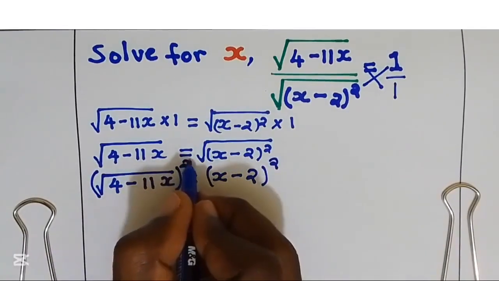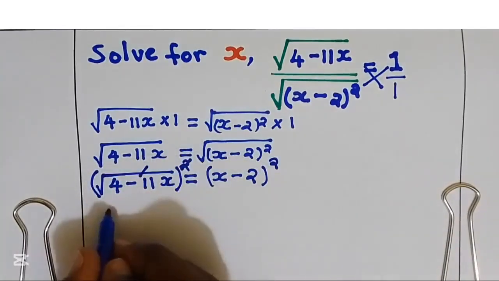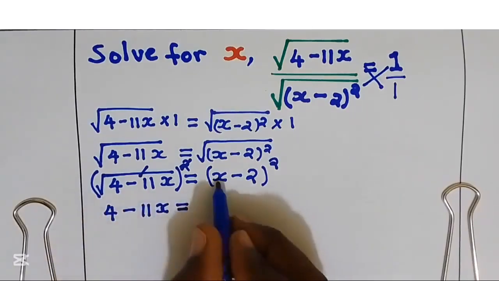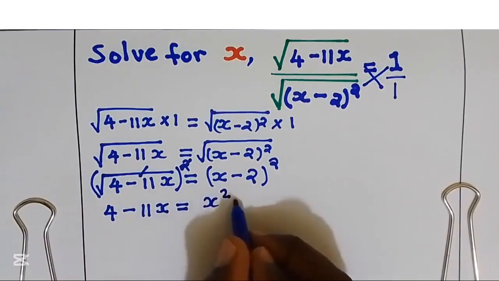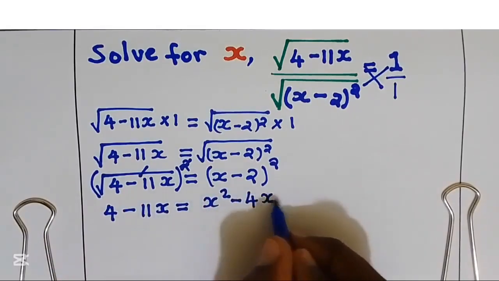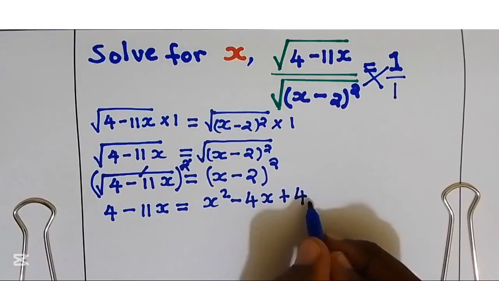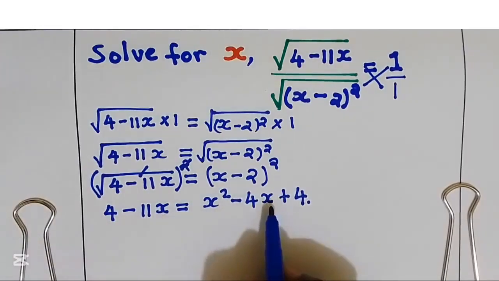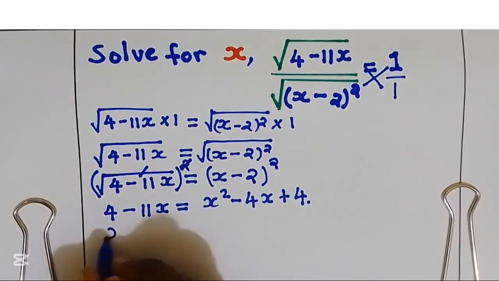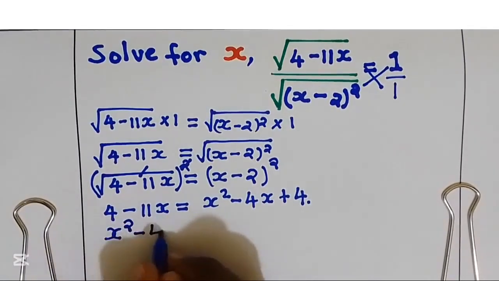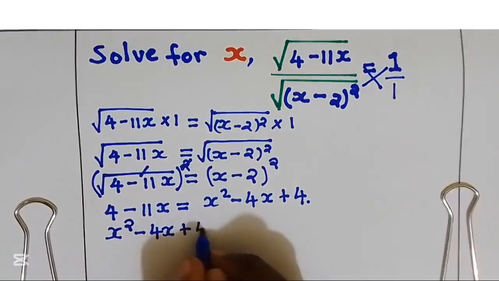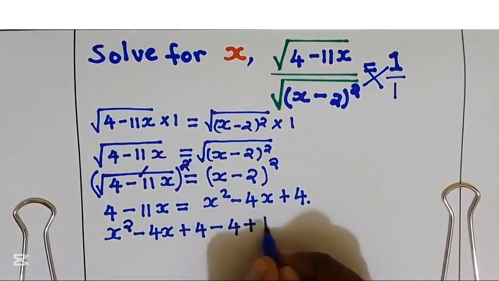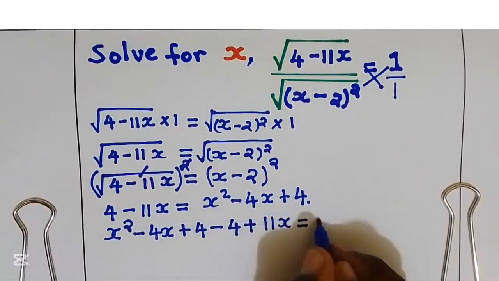I can simplify the square root sign. I remain with 4 minus 11x, which is equal to x squared minus 4x plus 4. Take 4 minus 11x to the right-hand side. We will have x squared minus 4x plus 4 minus 4 plus 11x equal to 0.